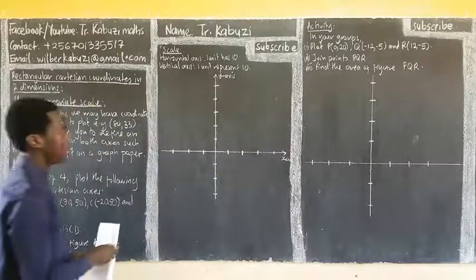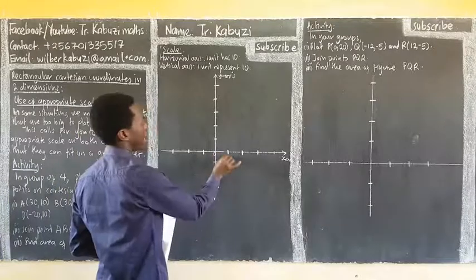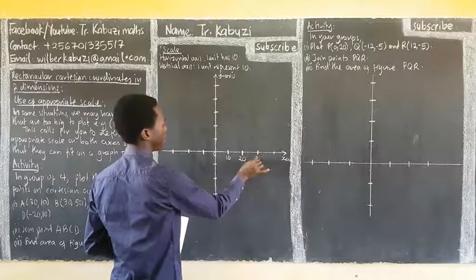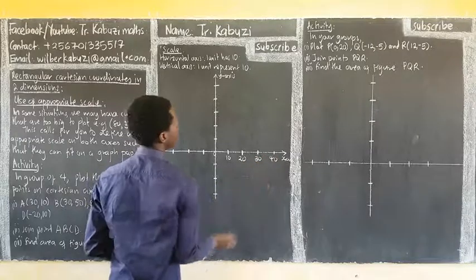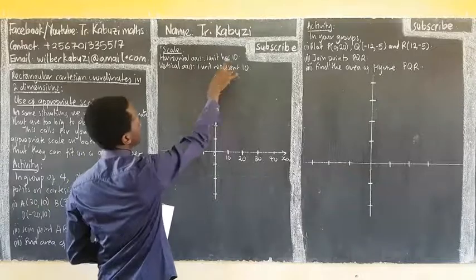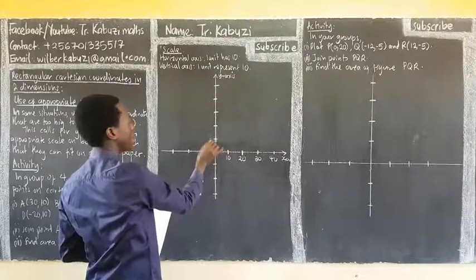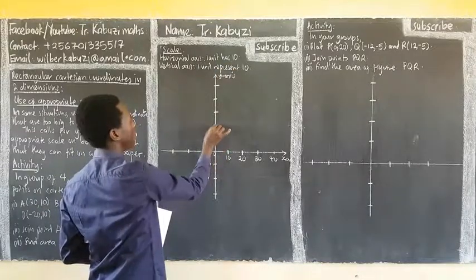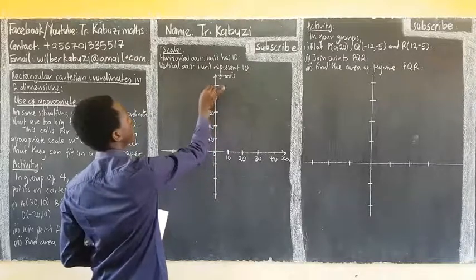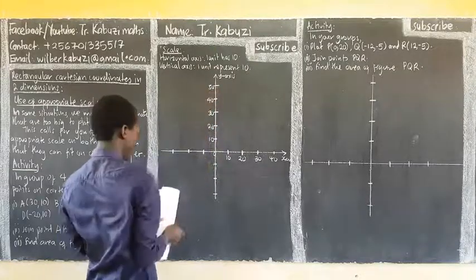When this is 0, then here they have 10, 20, 30, 40. Because 1 unit is having 10, each unit is having 10, 20, 30. For them, this is the scale they use.